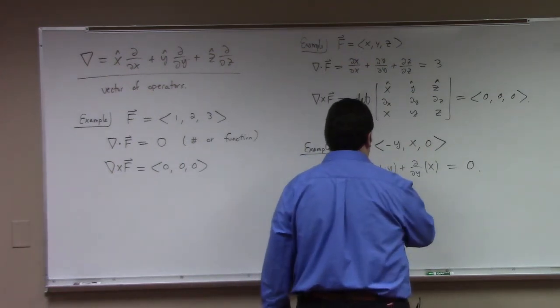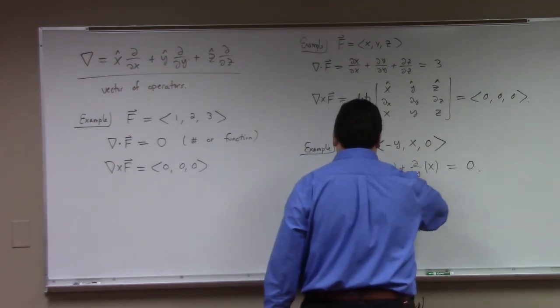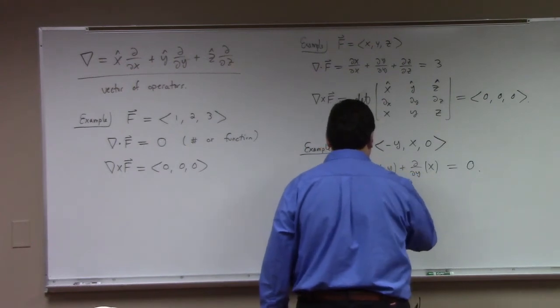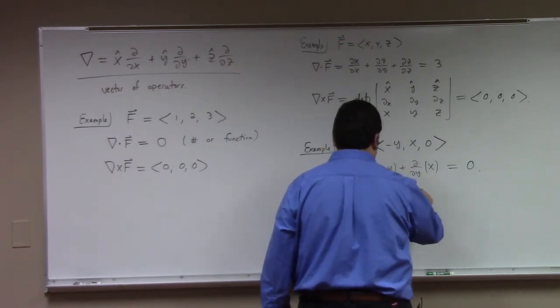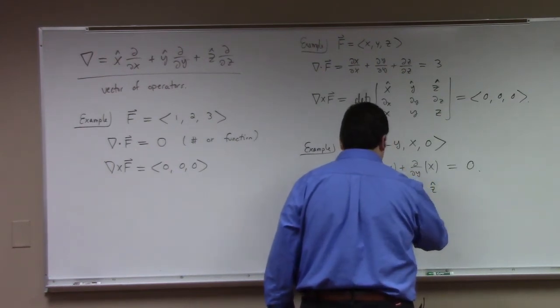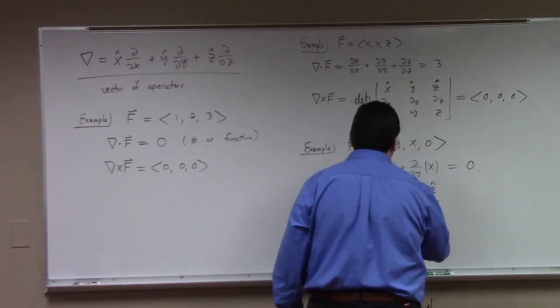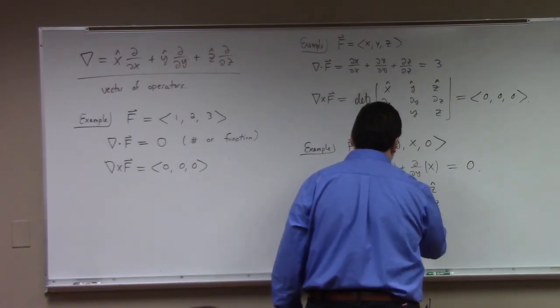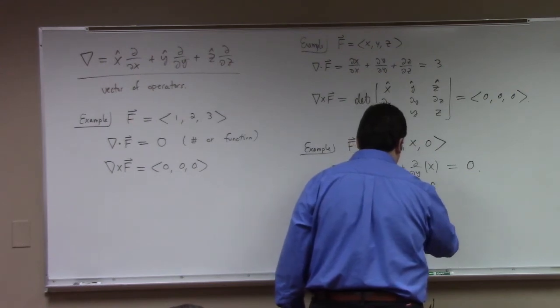Let's see here. I'm going to write out this thing again, because I think it might be a good way for you guys to keep on the straight and narrow in terms of the calculation. Curl is, in some sense, like the cross product, right? It's got a lot of moving parts. You have to be careful. It's easy to get a sign wrong.